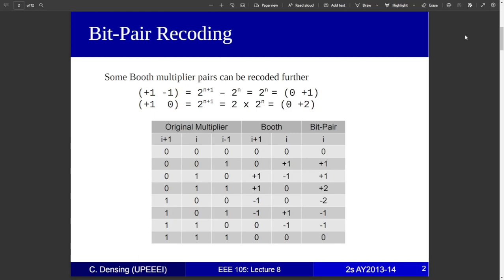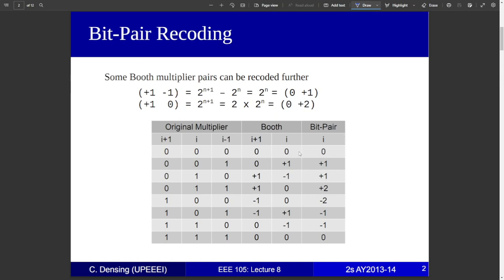So let's start talking about encoding the Booth pairs even further. An acute observation would be that Booth pairs can be represented in terms of even sparser bit pairs.